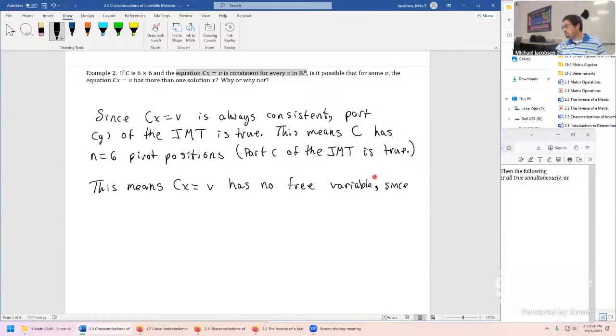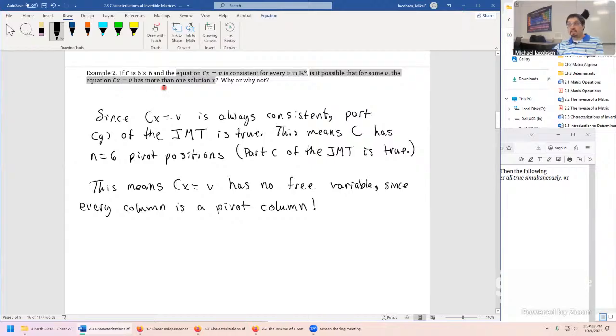Since every column is a pivot column. That deserves an exclamation because this resolves the question we were asked: is it possible for some vector v, Cx equals v has more than one solution? And we can now say that's impossible. If there's no free variable, that means Cx equals v is always consistent, and it must have a unique solution at this point. Free variables are what gives us infinitely many solutions.